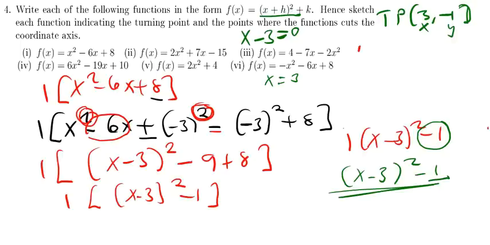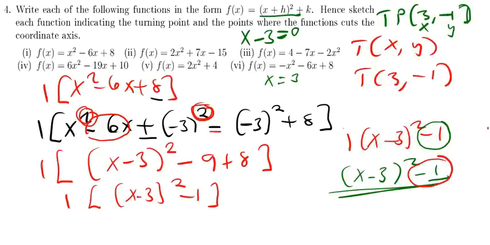So the turning point, we actually get x comma y. The x value, we get this number but with the opposite sign. So what is the opposite of negative 3? Positive 3. Then y, you just get this number the way it is, negative 1. That is the turning point.